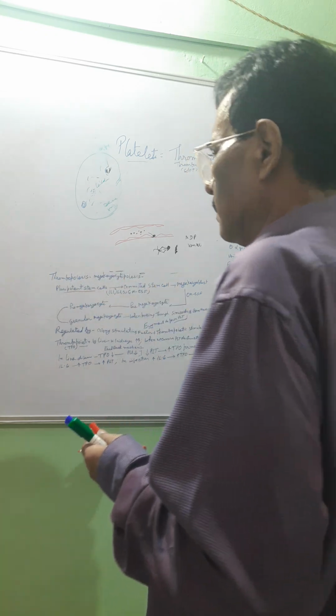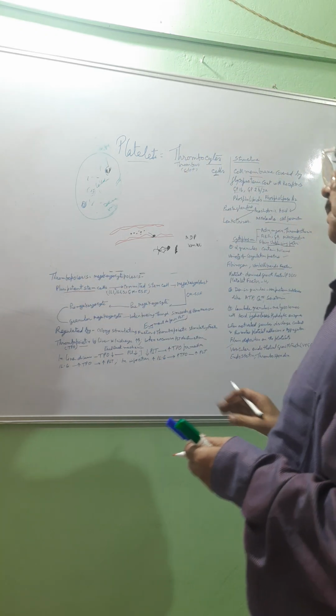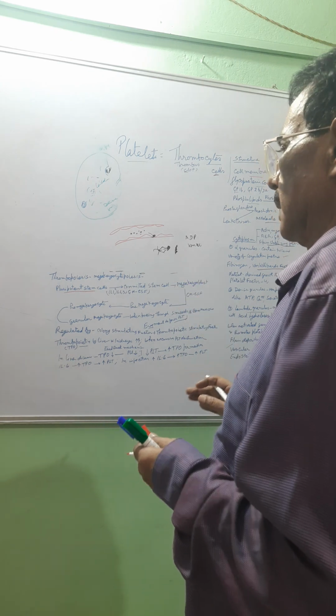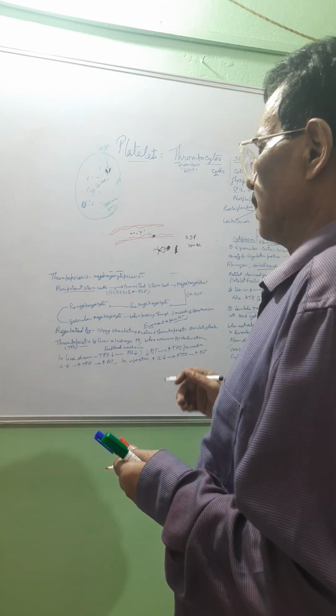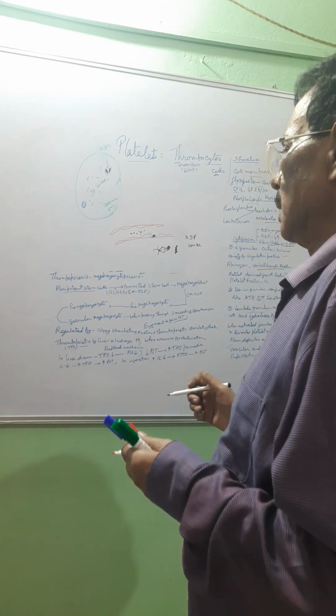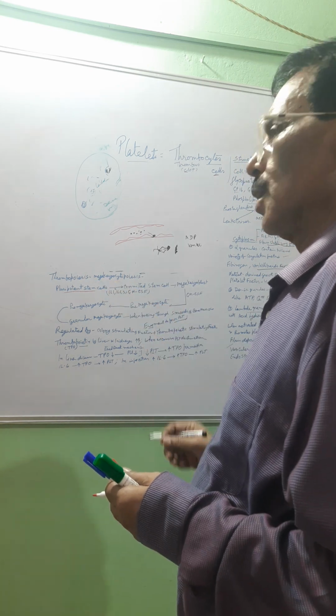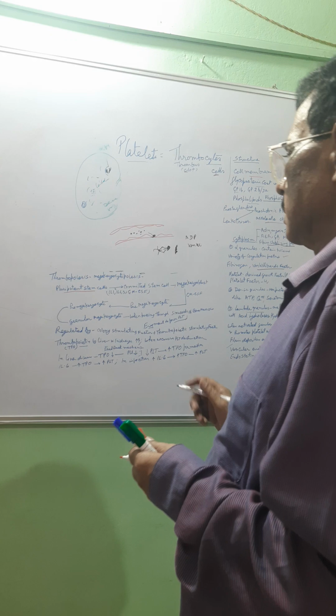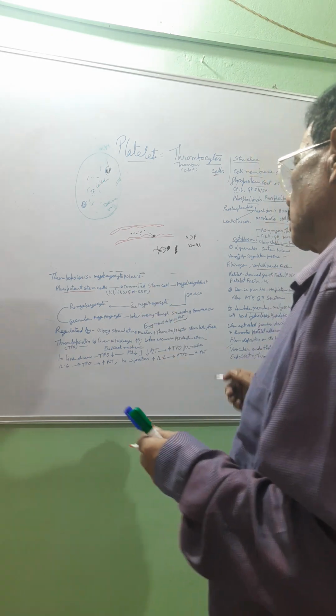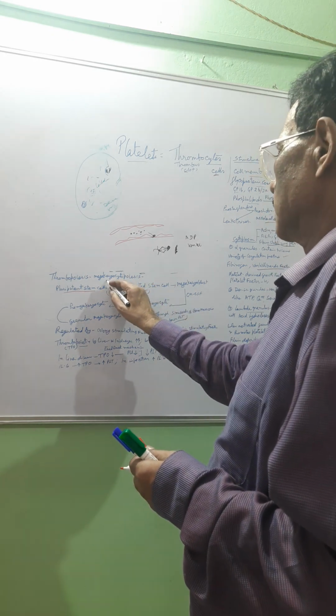Now the formation of platelets, or thrombocytes. The synthesis of platelets is known as thrombopoiesis, also known as megakaryocytopoiesis.